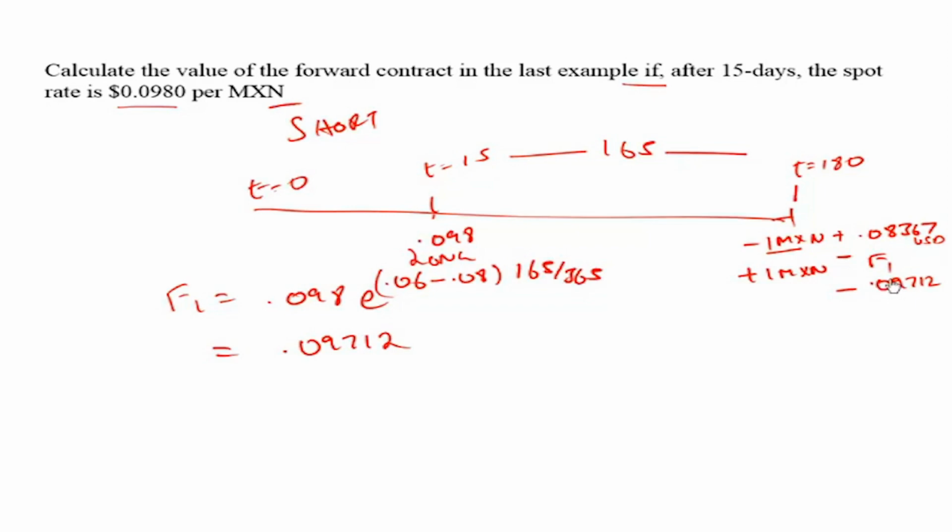That is, he will short a Mexican peso for so many USD and he'll long a Mexican peso for so many USD. So his payoff will be F0 minus F1. To buy the Mexican peso, he has to pay F1.